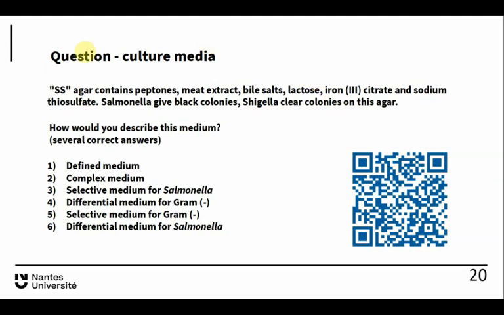The lactose is here to find out if bacteria are lactose positive. They can ferment lactose. So basically, what you have here is gram-negative bacteria that are lactose negative, sulfide positive, and in most cases, these are Salmonella. But for the Shigella, the information you have is lactose negative, H2S negative.